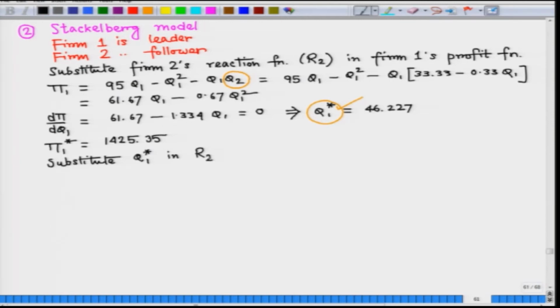If it does so, then it gets an output level which is approximately equal to this. Okay. So, correspondingly we can look at the optimized profit for farm 2.